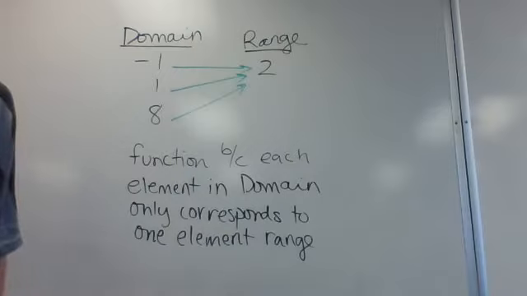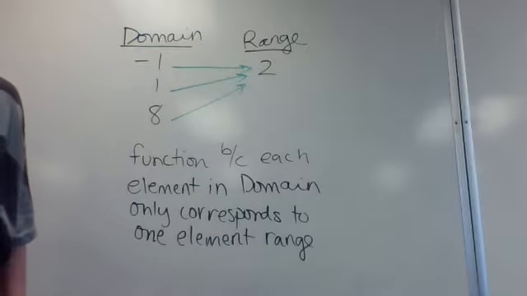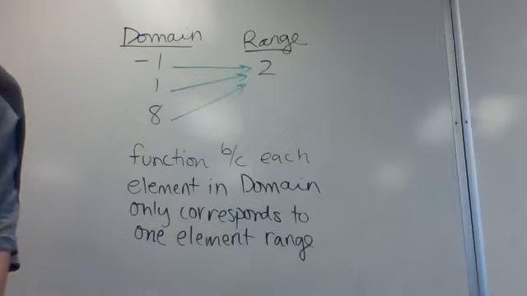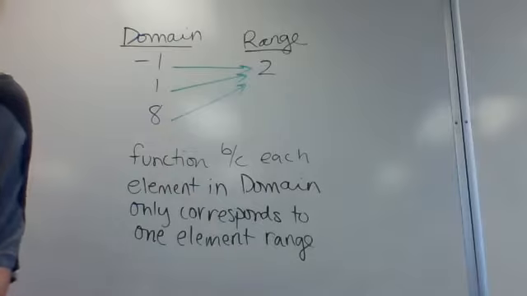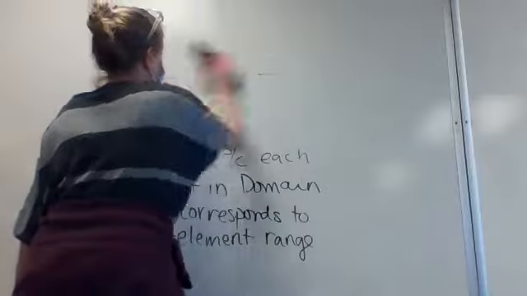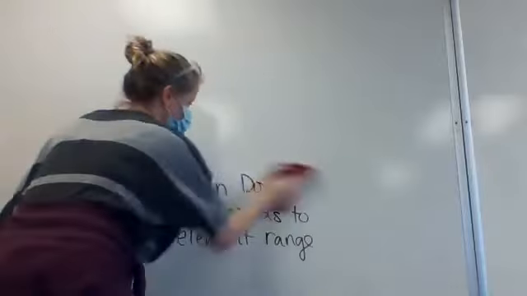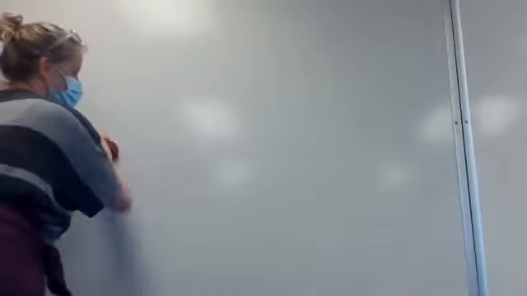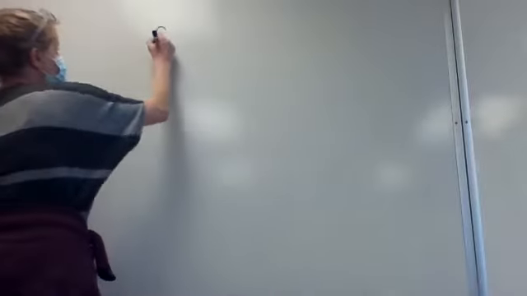Number 5 is going to give us a function and then want us to find 3 different function values in that function. So we're just going to be plugging in for the x. The function it wants us to use is f of x equals 3x squared minus 4x.